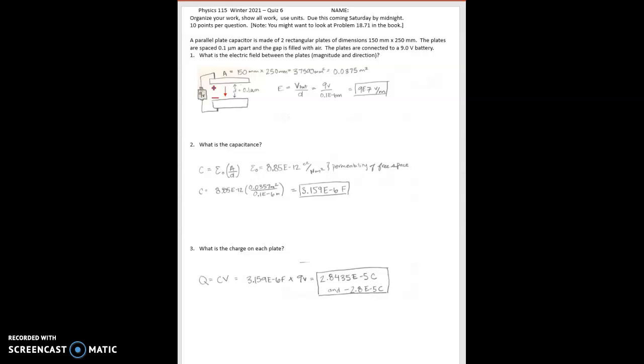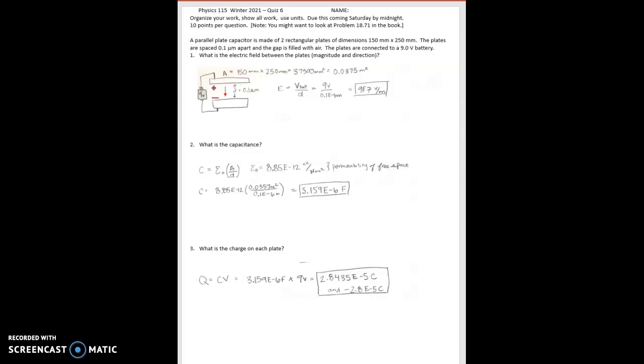And we know that the top plate is the positive one, the lower plate's the negative one, and the direction of the electric field is the direction that a positive test charge would be pushed or pulled if placed in space surrounding the source charge. So it's basically being pushed or pulled to the negative charge. So the direction is going, in this case, down towards the negative charge.